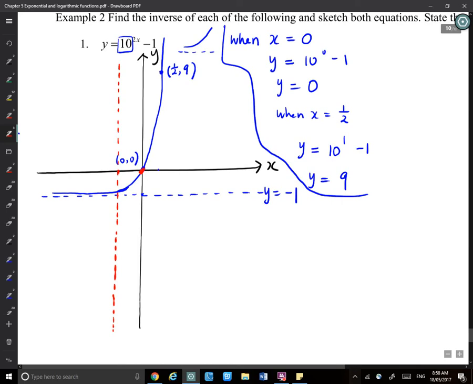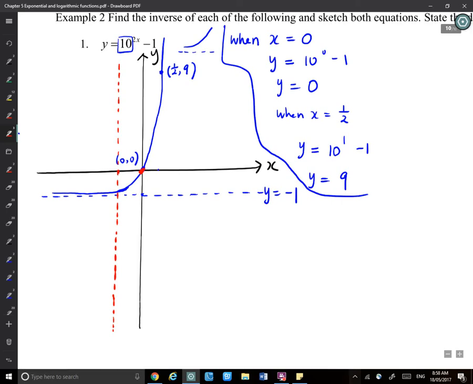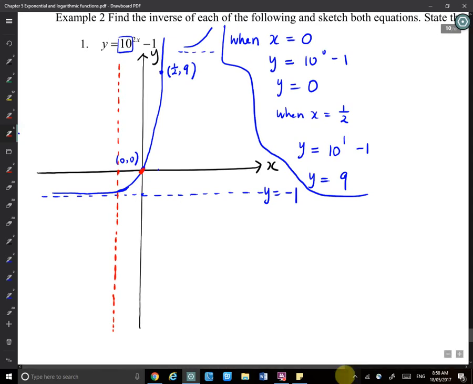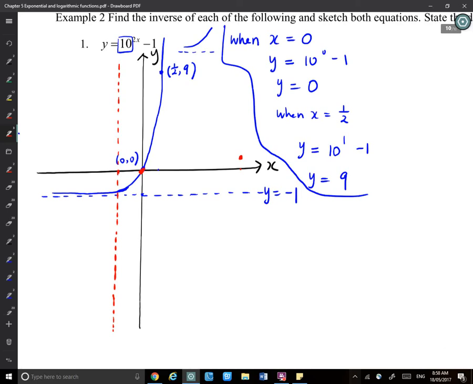If I have (a half, 9) on the original, what will be the point on the inverse? (9, a half). And if it's an exponential function, what will be the inverse? The inverse of exponential is log. Exponential and logarithm are inverse functions.